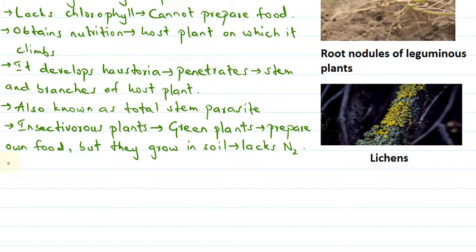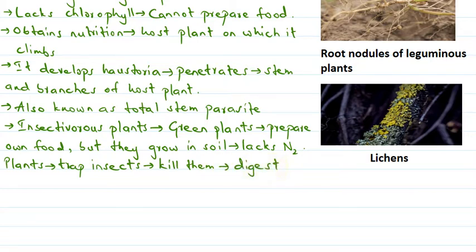So what do these insectivorous plants do? They trap insects, then they kill them, digest them, and absorb nitrogen from the insects.